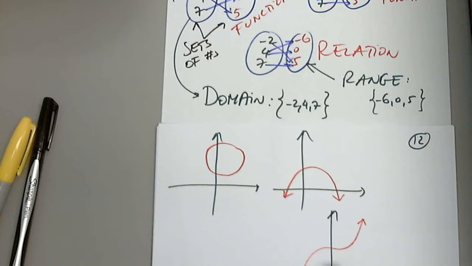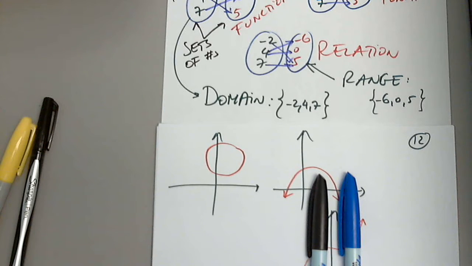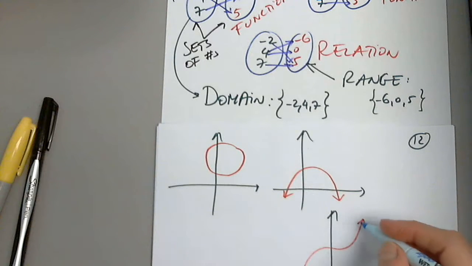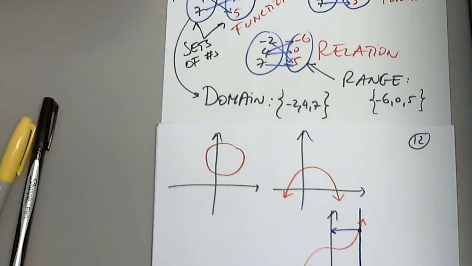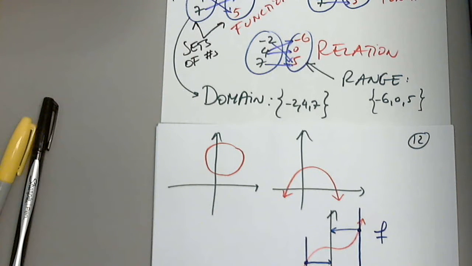How do I know whether it represents a function or not? Vertical line. Awesome. By the vertical line test. If each line crosses the graph in only one point, this must be a function. If this line crosses in one point and I read only one y value, this is a function. So this is a function indeed by the vertical line test. Very good.